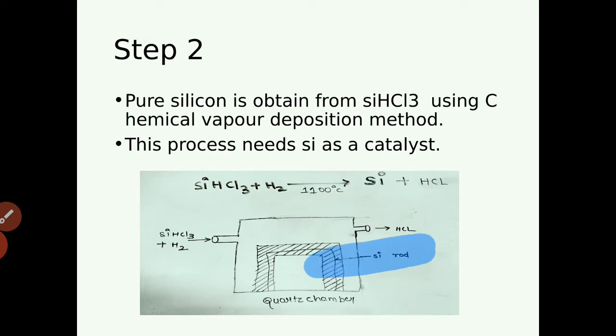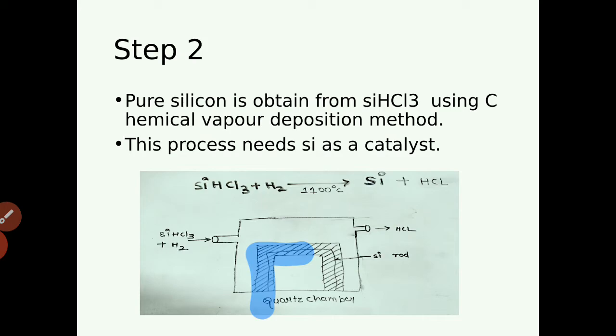If the rod is present in half of the chamber, then the manufactured silicon will deposit only on that half of the chamber, and it will not deposit in the other half. So this is the use of the silicon rod as a catalyst in our process.